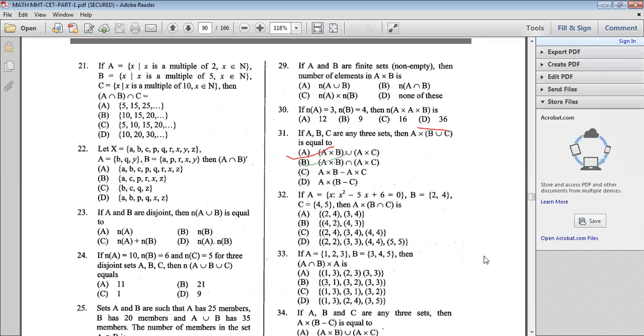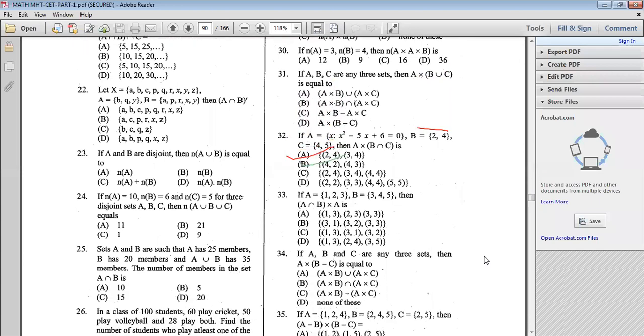Now, look at the 32nd problem, where set A is the set of the values of x, where x satisfies the equation x square minus 5x plus 6 is equal to 0, and B is the set whose elements are 2 comma 4, and C is the set whose elements are 4 comma 5.